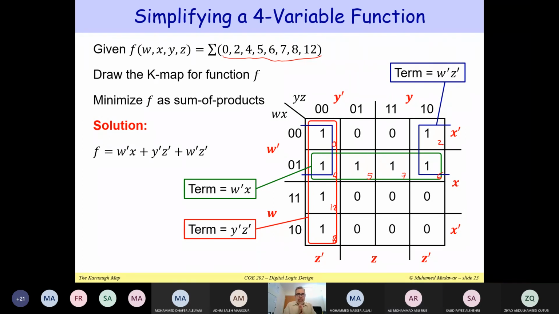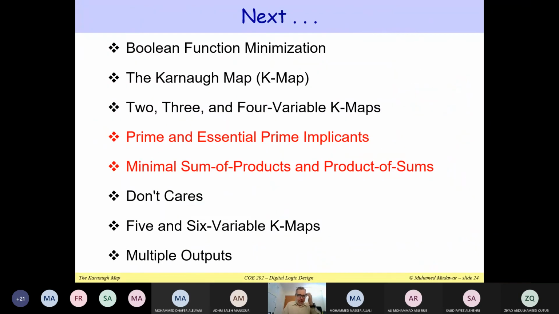Okay. Right. So that's an example about simplifying a 4-variable function. In fact, my next topic is about prime and essential prime implicants. Once I cover this, it will become very clear to you how to choose. What we need to do is maximize combining squares. That's clear.